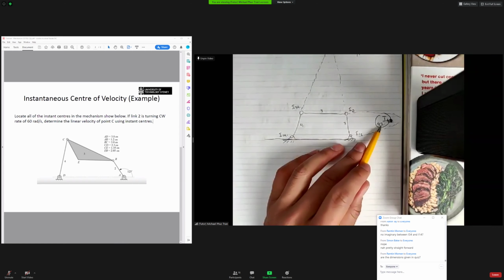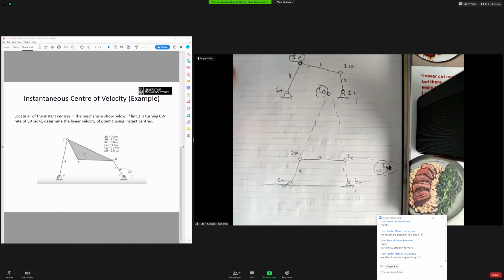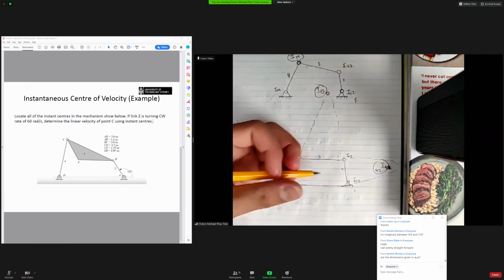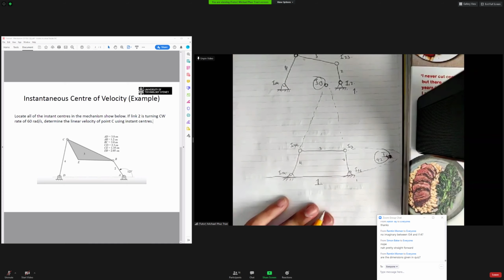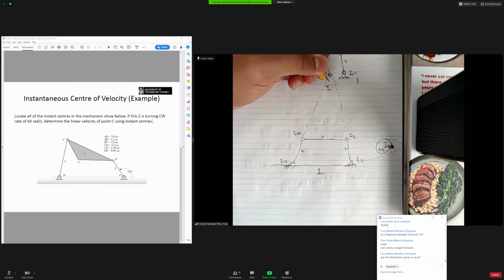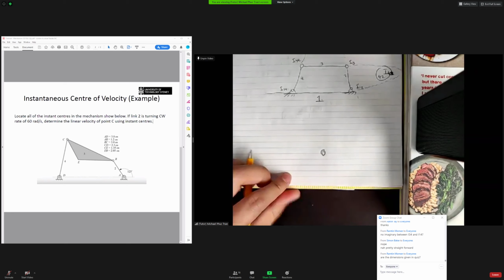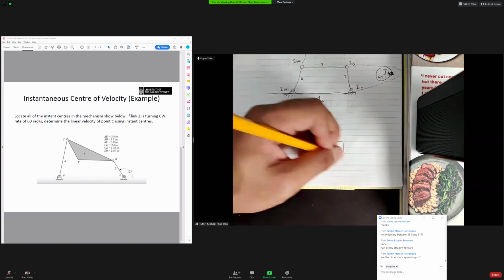So I42, the 4 is further and the 2 is closer. Same with I13. The furthest number would be 1 and 3. If you're at I31 there, that would be implying that there's an instant center in that direction, but there isn't.